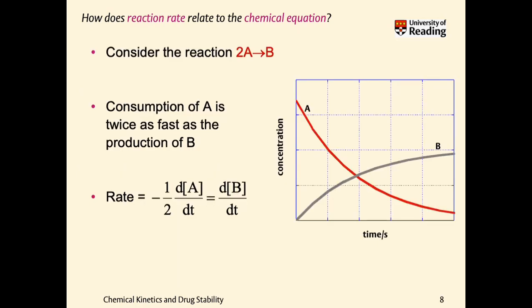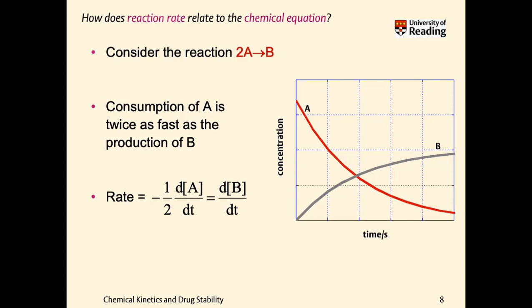In a case where we have two A molecules, so two reactant molecules, forming one product molecule, so 2A going on to form 1B, if you are measuring the rate of this reaction, you need to know that the A molecules will be consumed at twice the rate as the B molecules are formed.